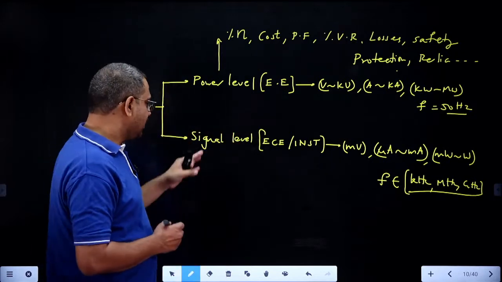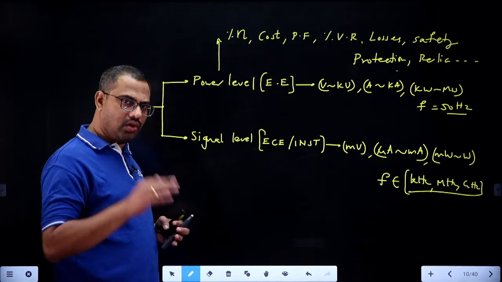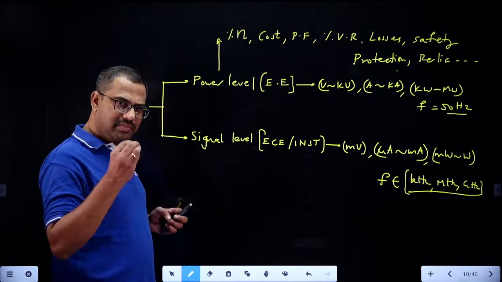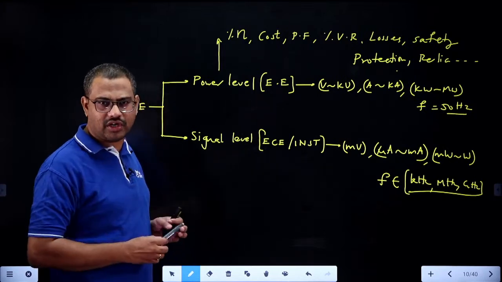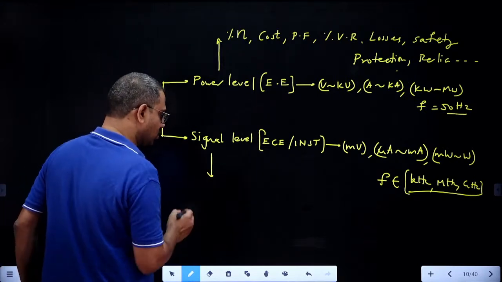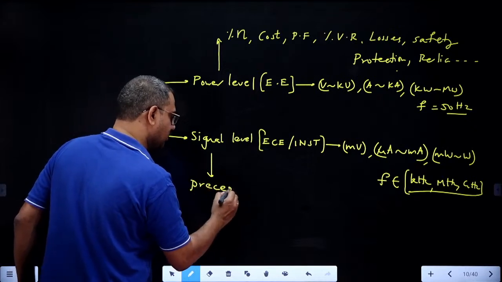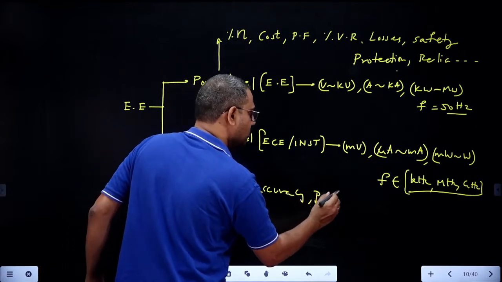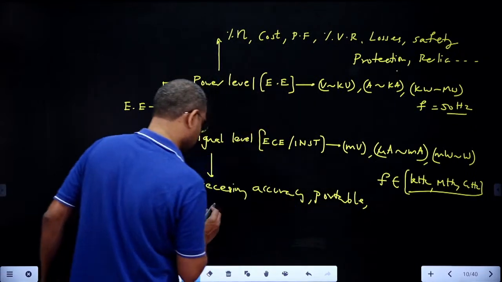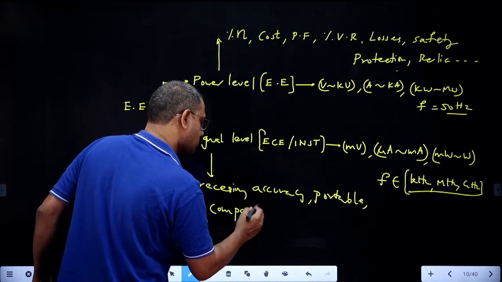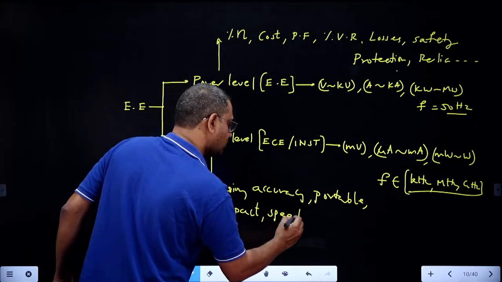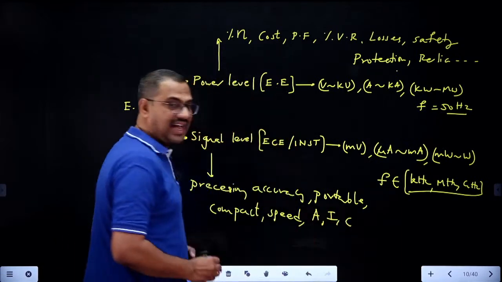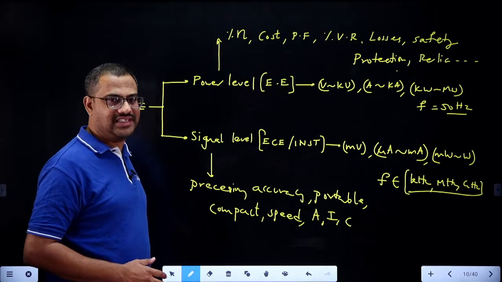On the other hand, ECE people, because you are learning at signal level, low level, efficiency and power factor are not important, because you are talking milliwatts to a few watts. But what you talk about is precision, accuracy, portable, compact, speed, then automation, intelligent control, AIC, that is automatic, intelligent and control.